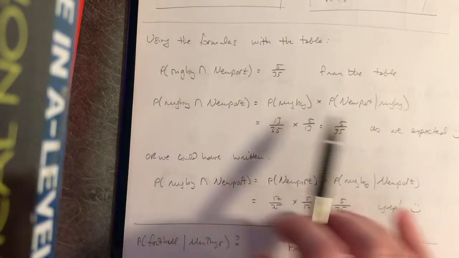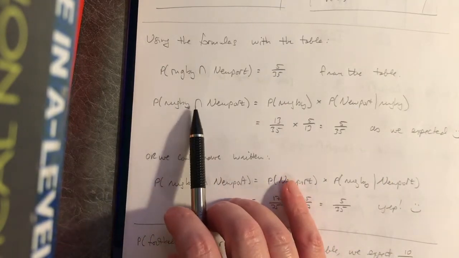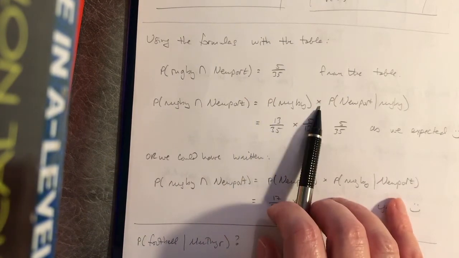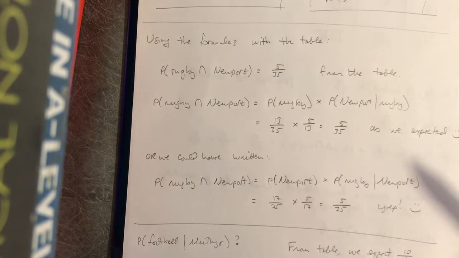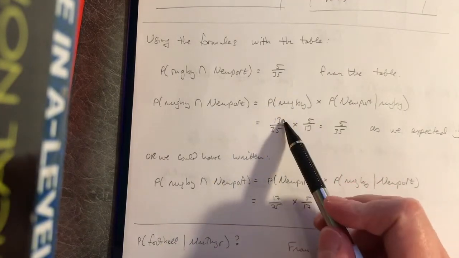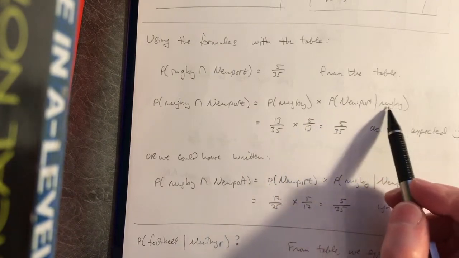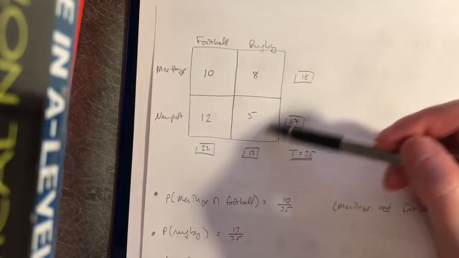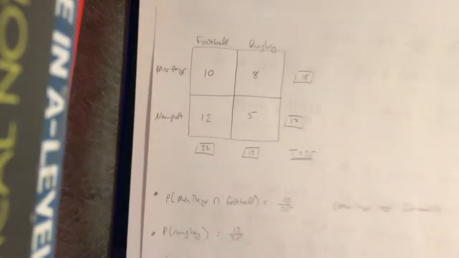If I follow my conditional probability formula, then I say the probability of rugby and Newport is the probability of rugby times the probability of Newport given that you play rugby. So the probability of playing rugby, there's 13 people out of 35. And the probability that you came from Newport, given that you play rugby, so we're looking in the rugby column, the probability of Newport out of your rugby players is 5 out of 13.